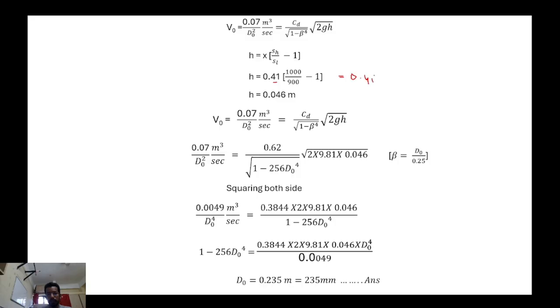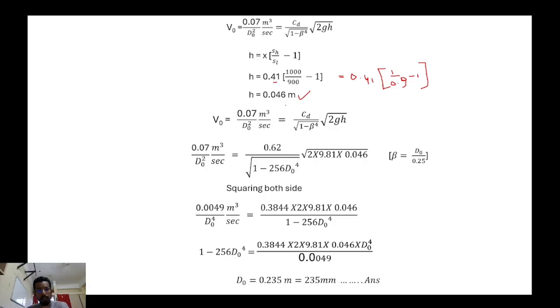Actually today I don't have my writing pad, so I'm just managing with my laptop keypad. 1 divided by 0.9 minus 1. You can write it like this as well, the same value will come. So you will get H is equal to 0.46 meter.